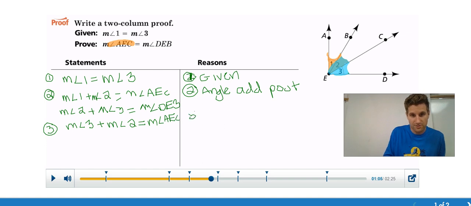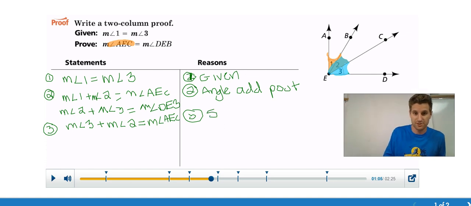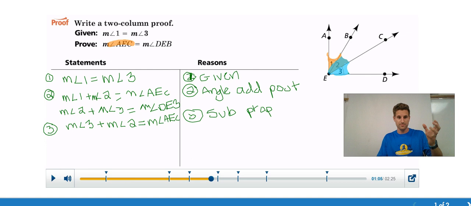Well, I use substitution, right? Angle 1 and 3 are the same, so instead of angle 1, I can substitute in angle 3. So this is substitution property. I just usually write sub property, and for subtraction, I write out subtraction prop. Okay? So I substituted in angle 3 right here for angle 1.